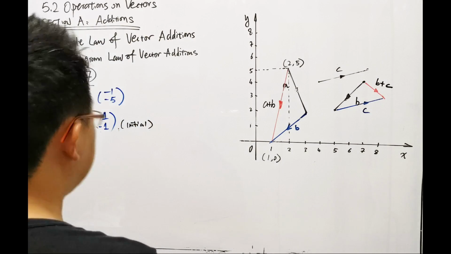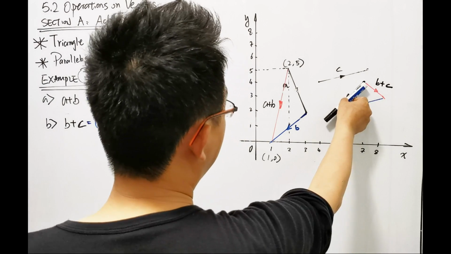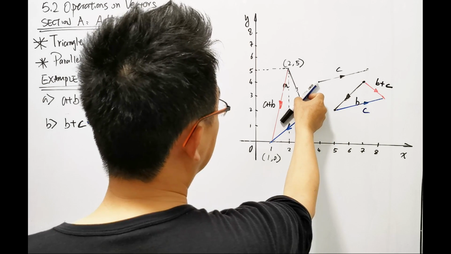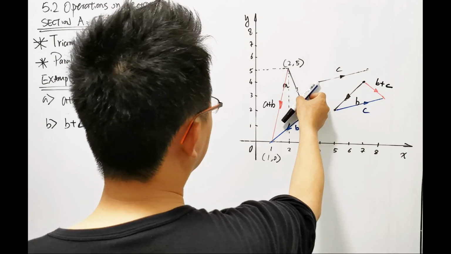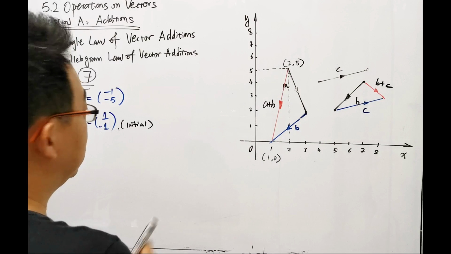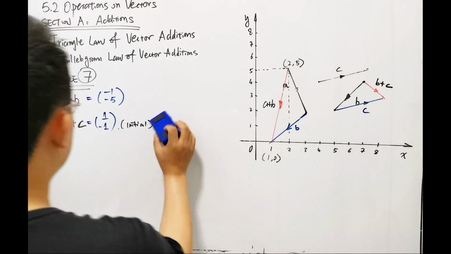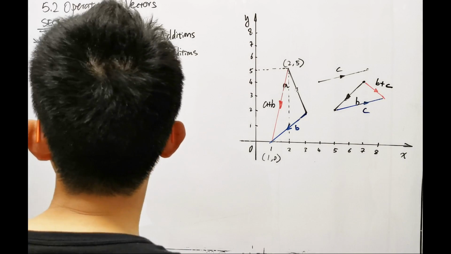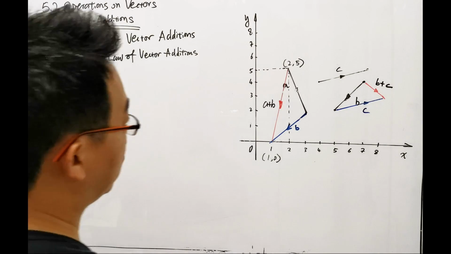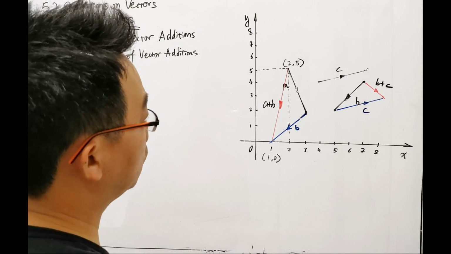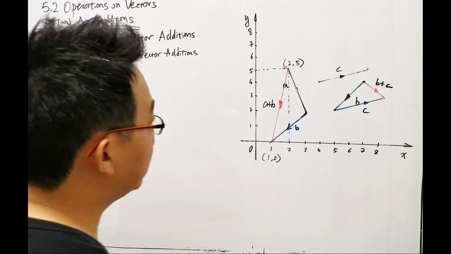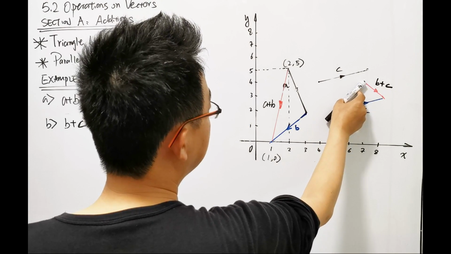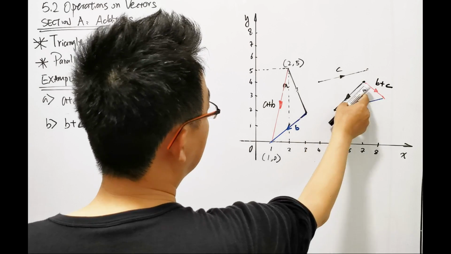The different way is we move this B to here. Okay, we move B to join up the initial point. Then from here we can use the parallelogram law of vector addition. Okay, let's see how we do that. Basically we can translate B to C, the initial point.